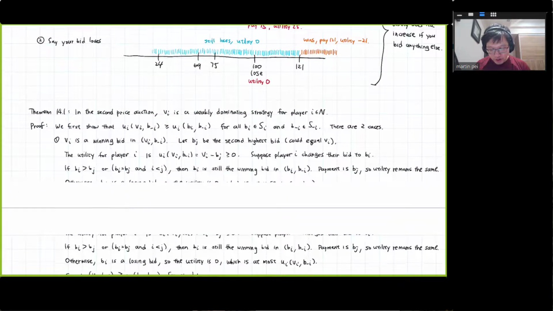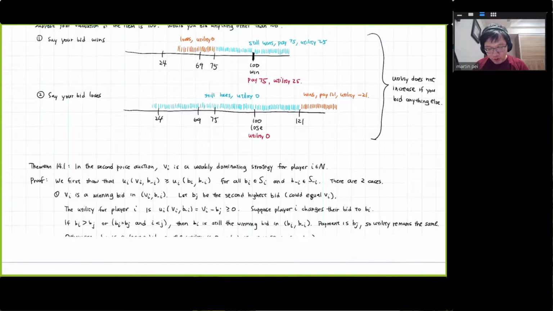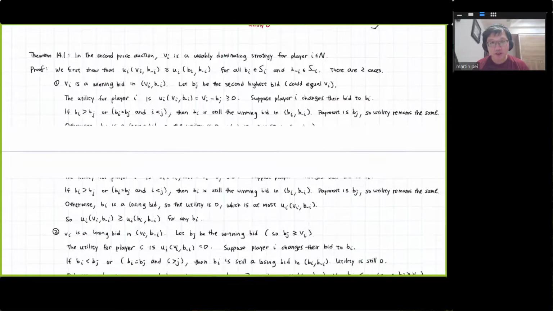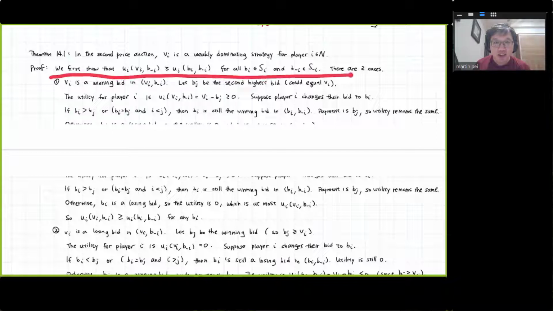Okay. So the first part of the proof is showing that bidding VI. So given other players playing B minus I, bidding VI is always greater than or equal to bidding anything else. Right.